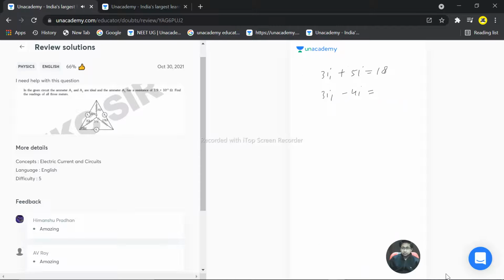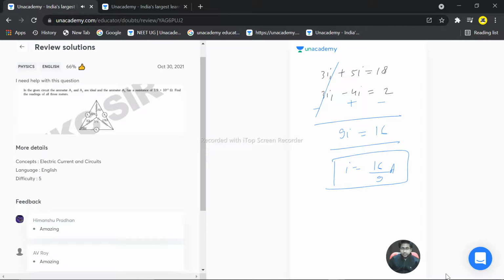Let's subtract them. 3I1 cancels, and 5 plus 4, 9I is equal to 16. So I is coming as 16 by 9 ampere. That is the value of the total current.